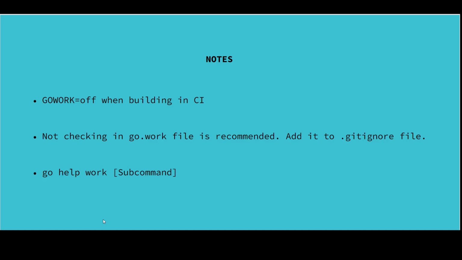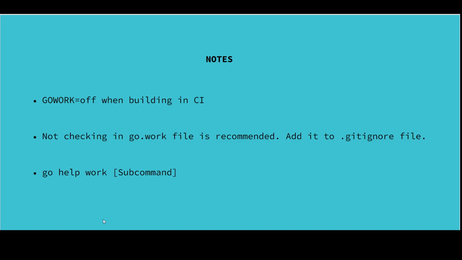Now a couple of points before we wrap up. Always make sure that the GOWORK environment variable is set to off when building in CI, so that if the go.work file is accidentally checked in, it does not turn on the workspace functionality.